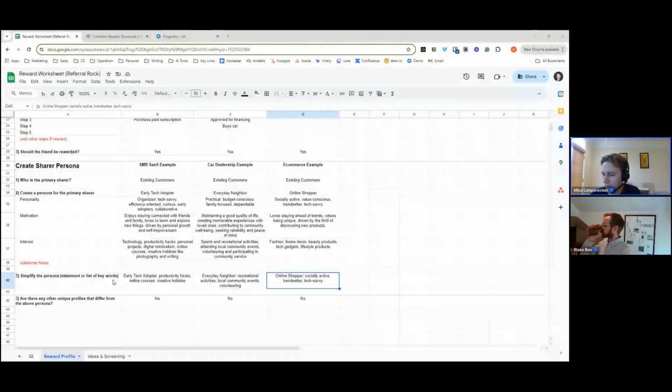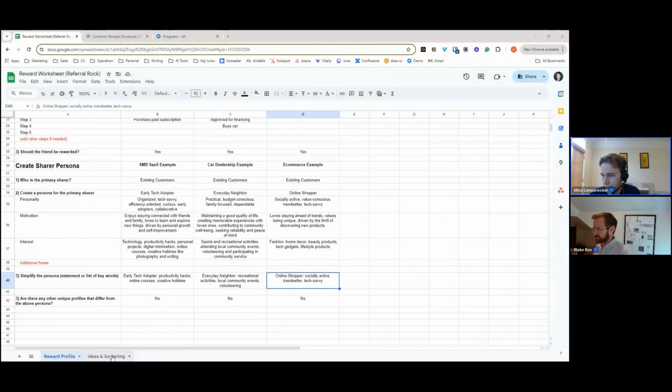Then we have our persona. So once you've done this thought exercise and you've listed characteristics that you think are valuable, it's nice to create a simplified persona so that you have something that you really connect with. And in this case, there are no additional unique personas, but if you have one, then you can obviously add it. So that's the first 3 steps. That's really around the reward profile.